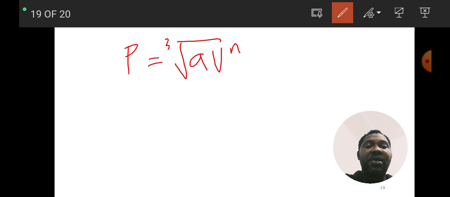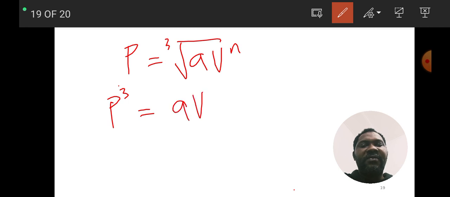So the first thing we can do here is to find the cube of both sides. So this will be P cubed, equal to the cube of the right hand side, which is a V raised to the power of n, because cubing this means the cube root is cancelled. So P cubed equals aV raised to the power n.